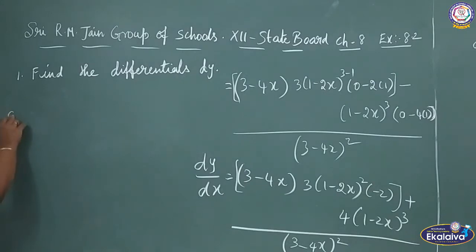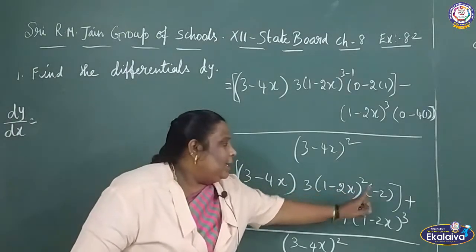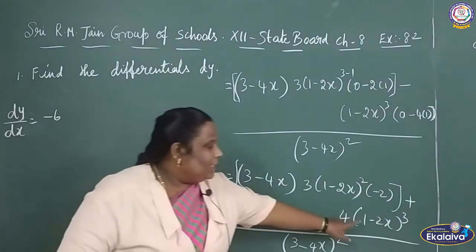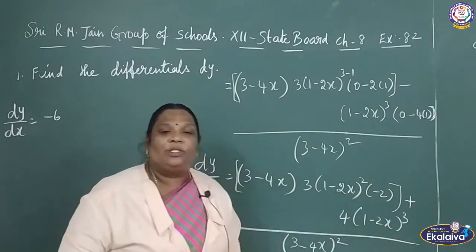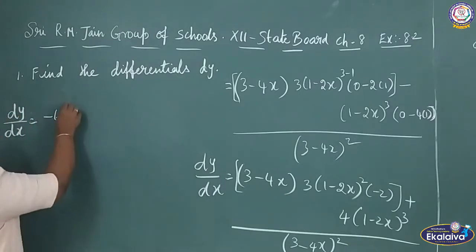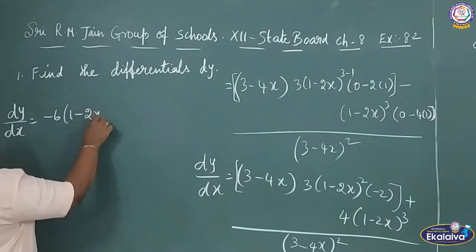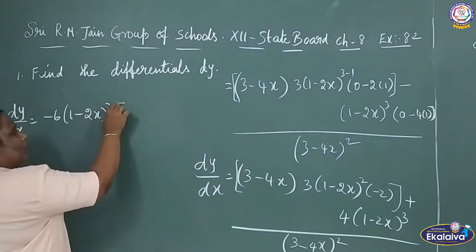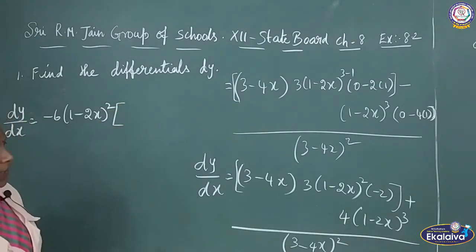Okay, see here, dy by dx equals, you will write 3 2s are 6, minus 6. See, here also 1 minus 2x is there, here also 1 minus 2x is there. You can take it as common out. (1 minus 2x) the whole square, you can take it as common out. What is the remaining thing left out?